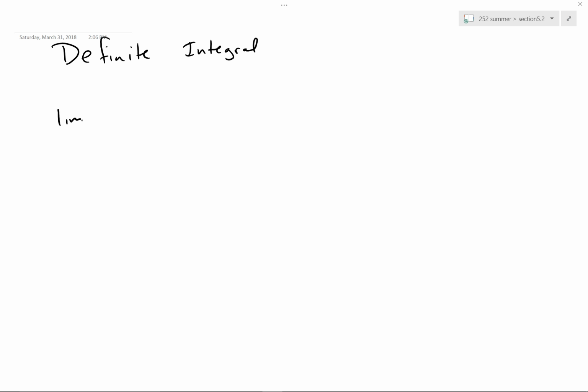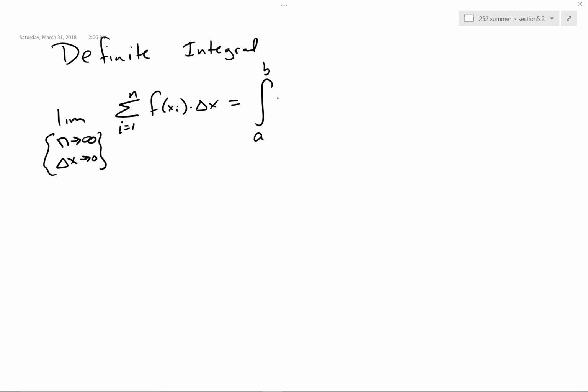We took the limit, if you recall, as either n goes to infinity or delta x goes to 0, whichever way you like to view it, of the sum from i goes from 1 to n of f of x sub i times delta x. And we said that the limit of that is the integral. More specifically, it is the integral of f of x from a to b.